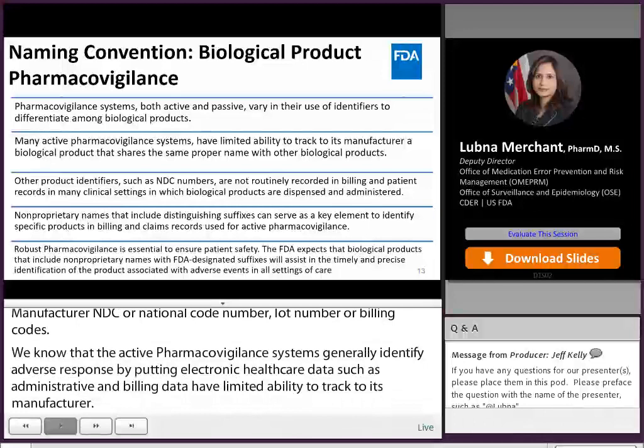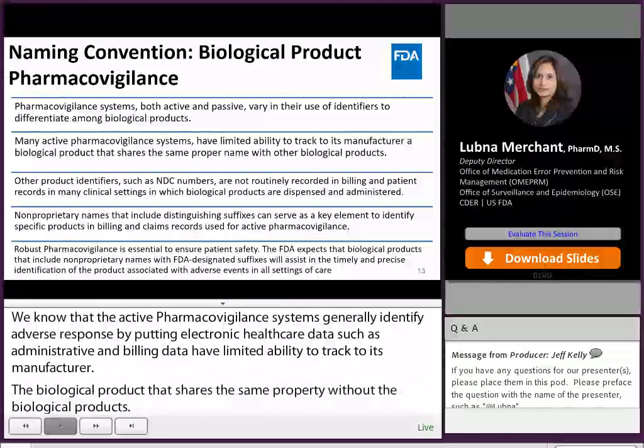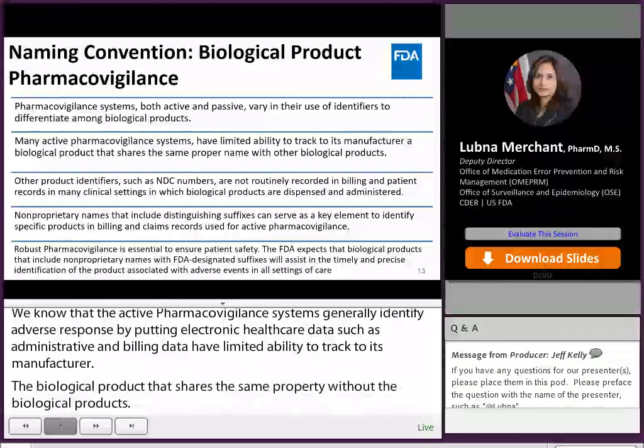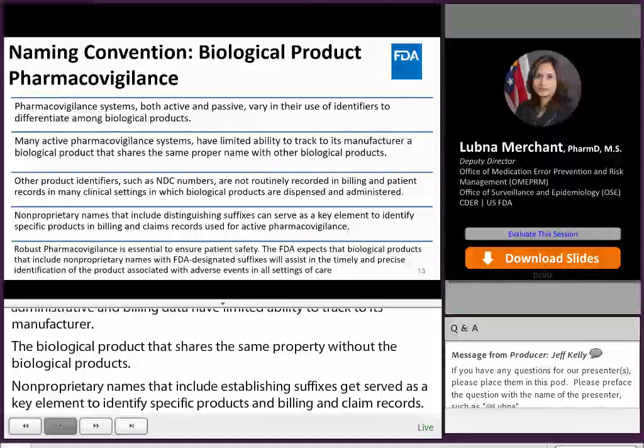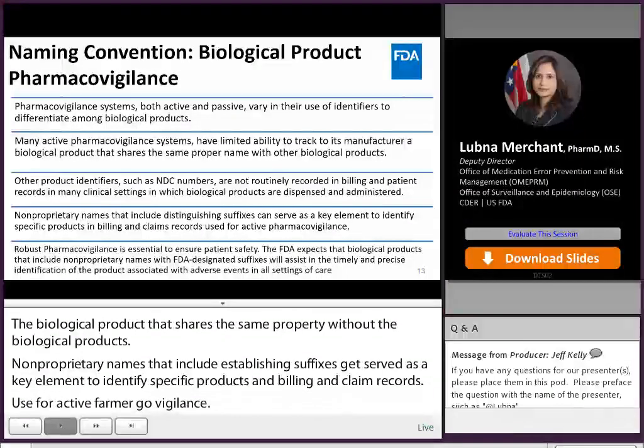Non-proprietary names that include distinguishing suffixes can serve as a key element to identify specific products in billing and claim records used for active pharmacovigilance. We also know that other product identifiers, such as NDC numbers, are not routinely recorded in billing and patient records in many clinical settings in which we expect these biological products are dispensed and administered.